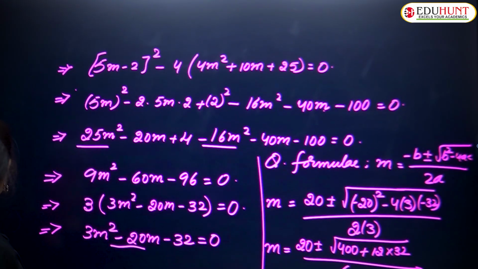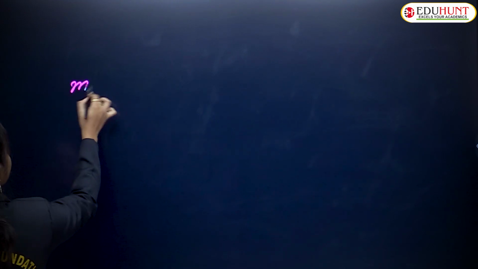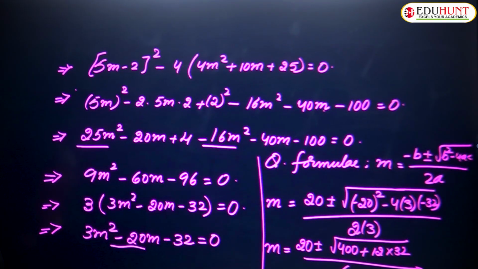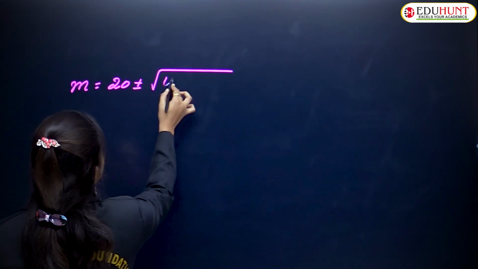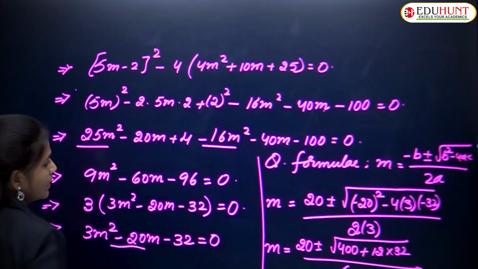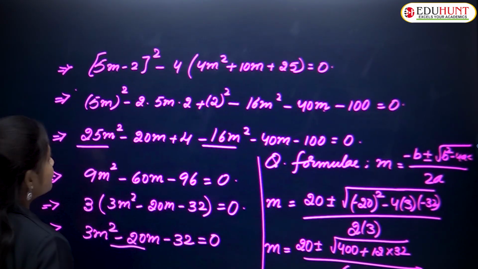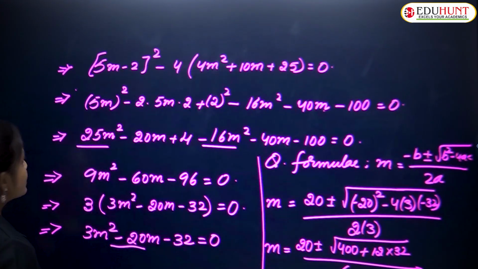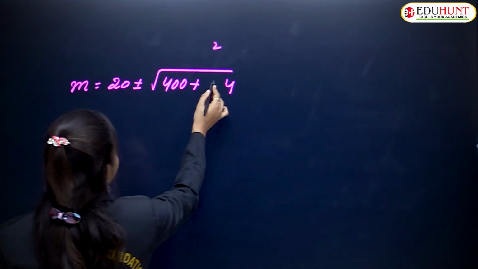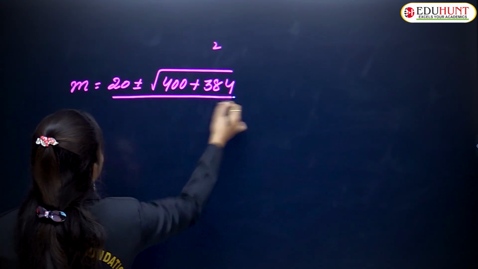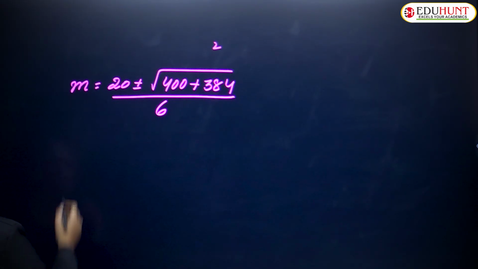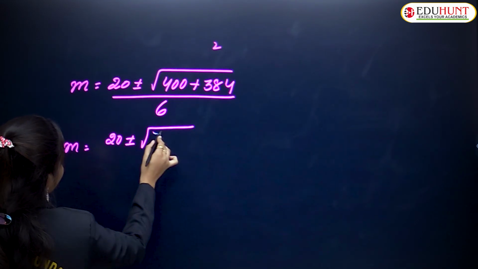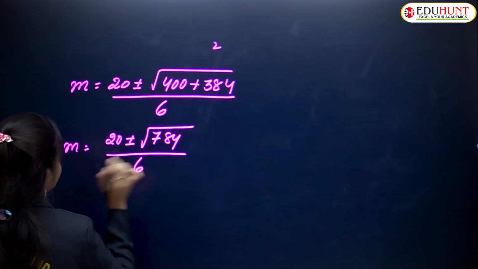So m is equal to 20 plus or minus square root of 400 plus 12 into 32, which is 384, that is 784, whole by 6.